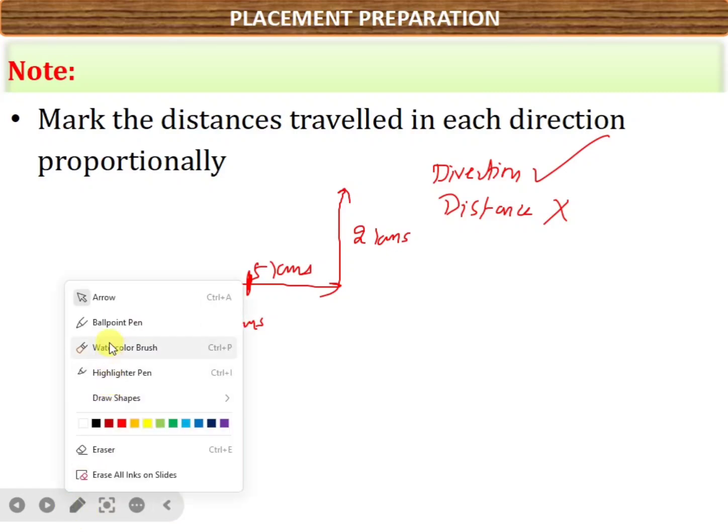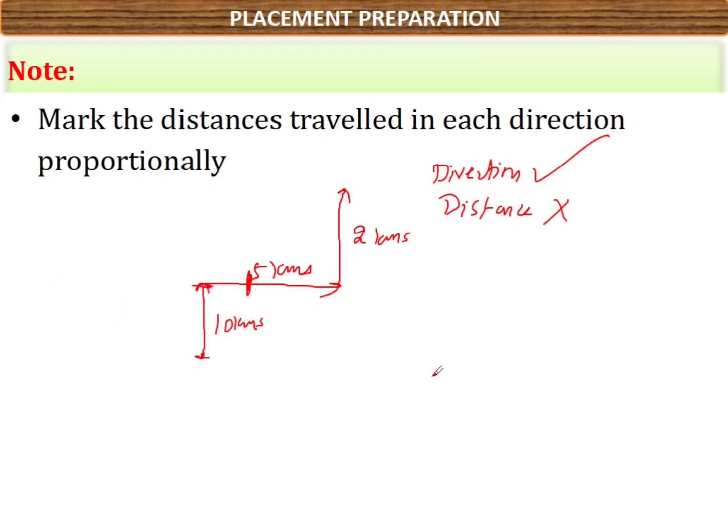I will show you how the diagram will be. 10 kilometers, I will draw this much, say this is 10, then he will turn to his right, let us say 5 kilometers approximately, this is 5, then 2 kilometers, obviously less than that 5 kilometers, let's say 2 kilometers. If you draw a diagram like this, this will be correct. This is correct in terms of directions as well as in terms of distance. I hope you understood.